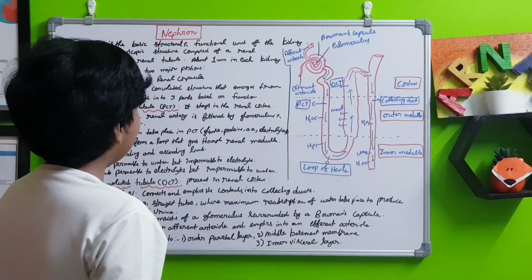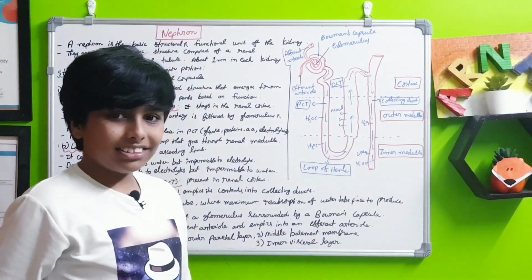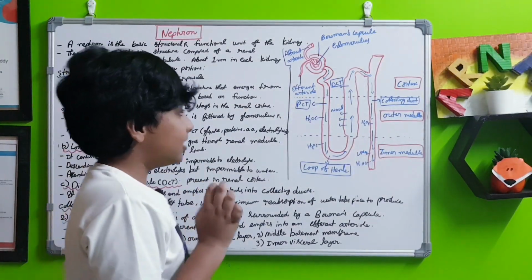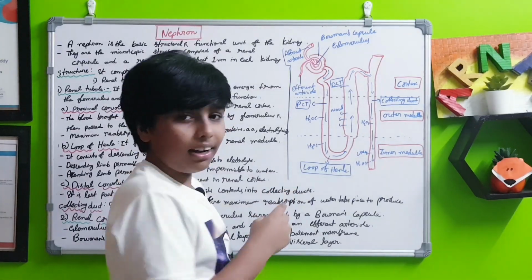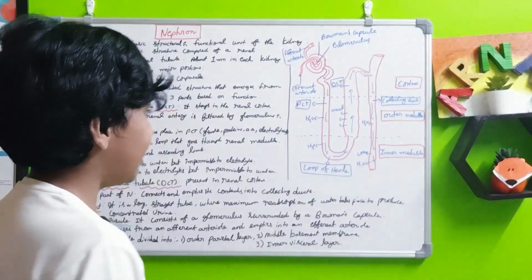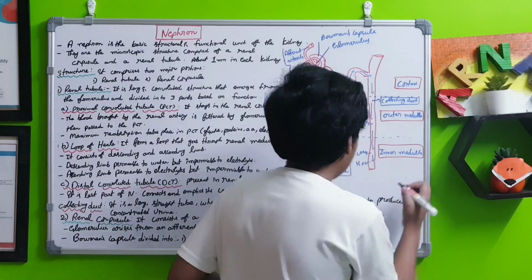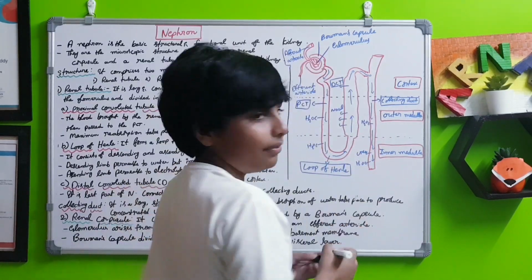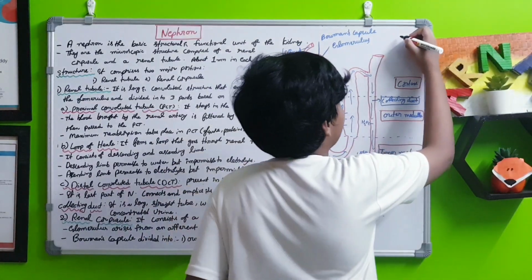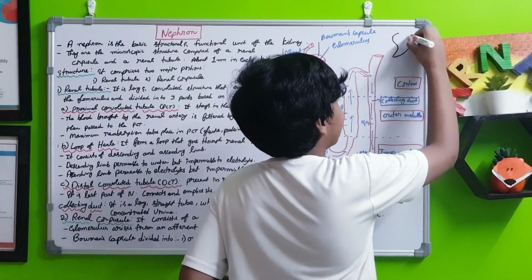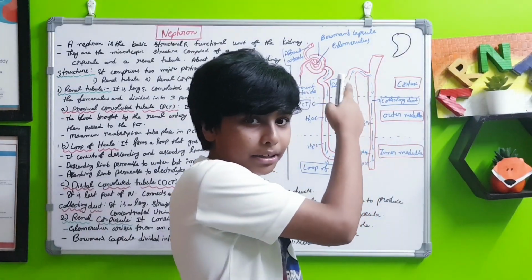Another fact about nephrons in the kidney. I think we need to draw a bit small. So here we take a kidney. Now this is not a kidney bean, remember.